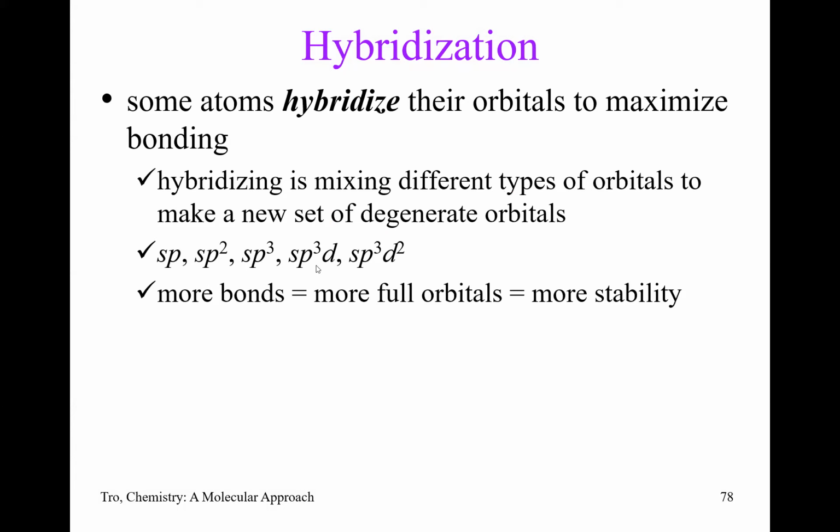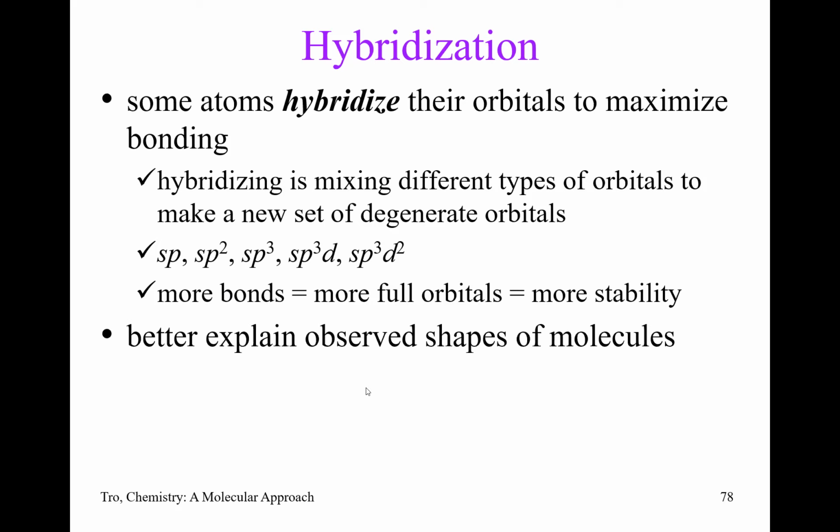But you'll see in OChem you really won't need these last 2. These first 3 are what's critical, right? So if you have an S and a P, or let's say you have 2 Ps, or then 3. And just like before, more bonds has to mean more filled orbitals, and that gives you more stability.